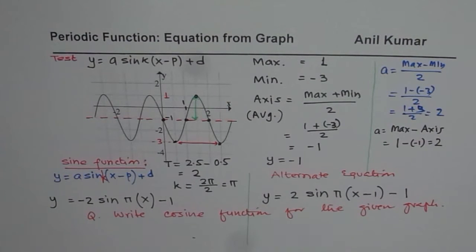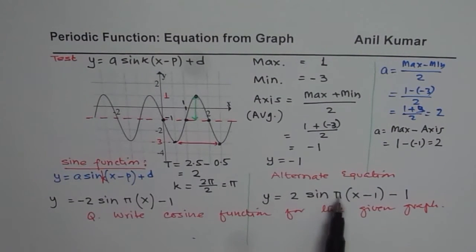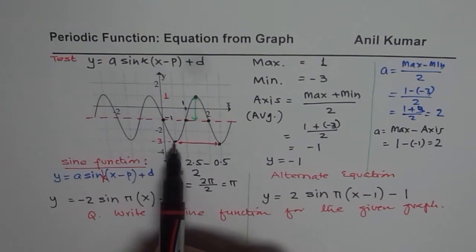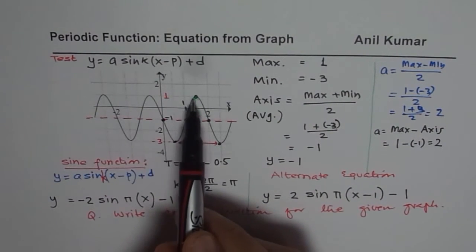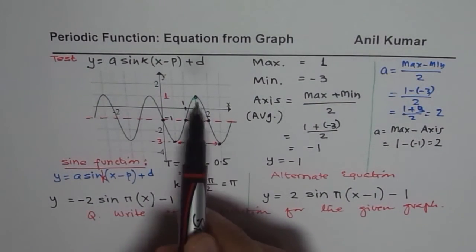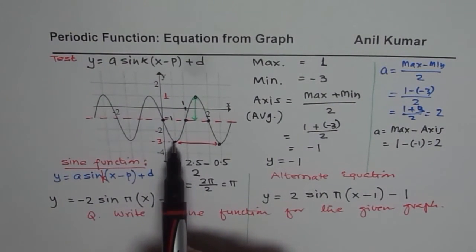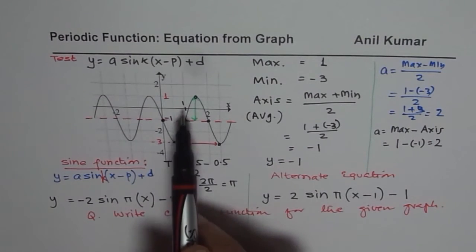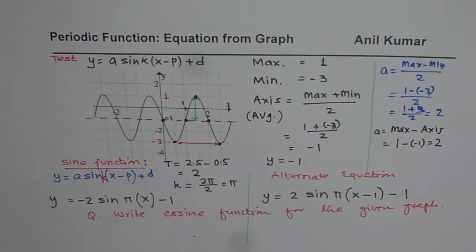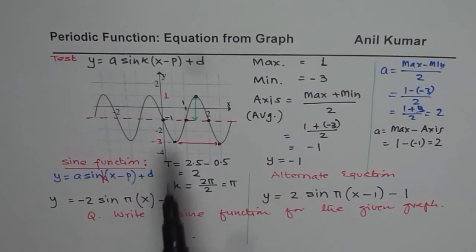So you can use that knowledge to translate the equation from sine to cosine, or you could start fresh. The cosine function starts from a maximum or minimum. If you consider maximum, you could write a cosine function starting from here or from there. If you're thinking about minimum, then you use minus cosine x, and that is the point to start from. That means the P value will be 0.5. I hope that helps you to get the answer for this.